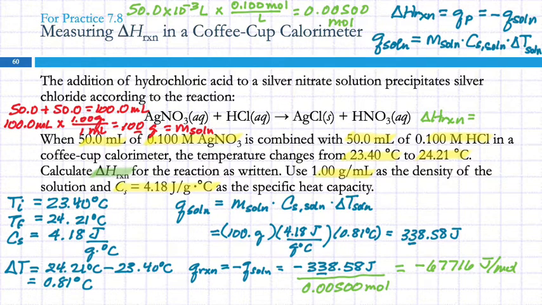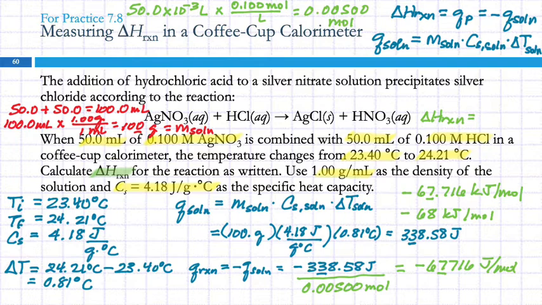But 2 sig figs. So let's convert this to kilojoules, right? So that's negative 67.716 kilojoules per mole. It's just a more appropriate size of unit. And then that's going to be negative 68 kilojoules per mole.